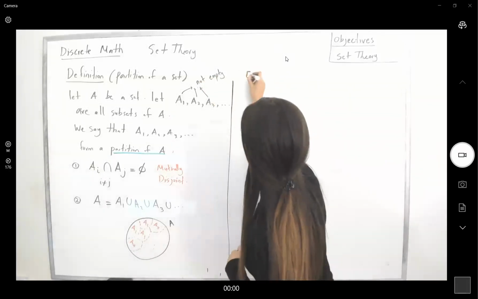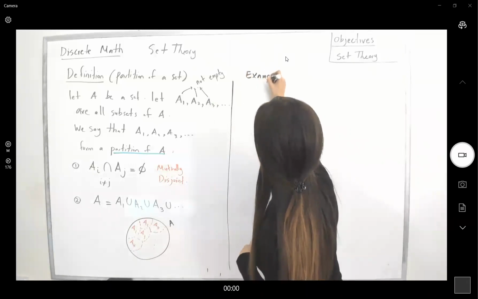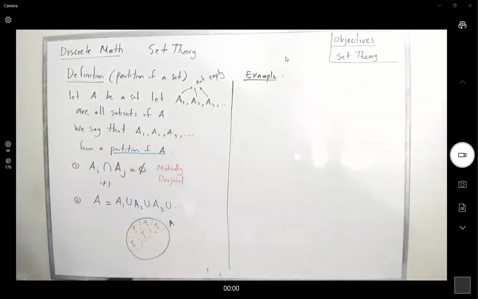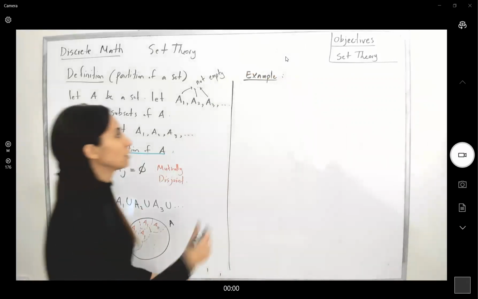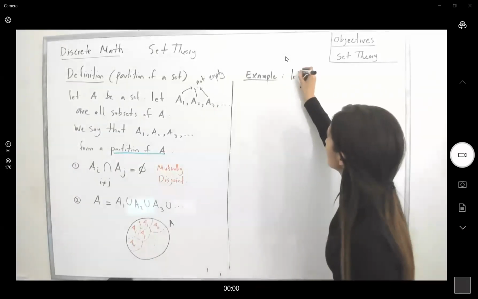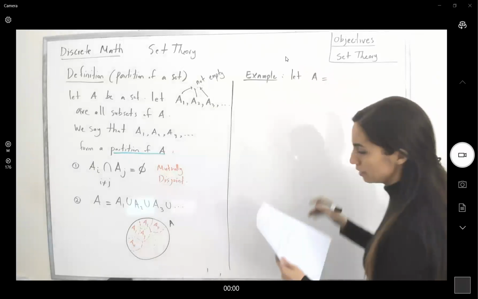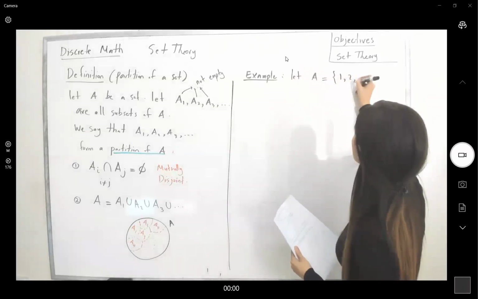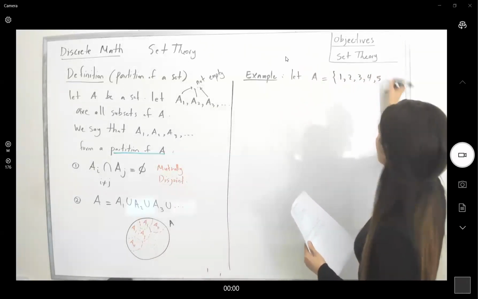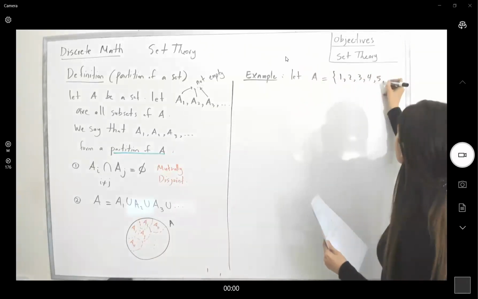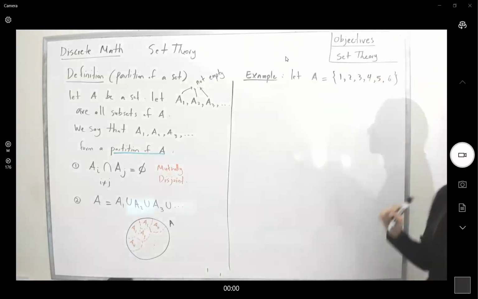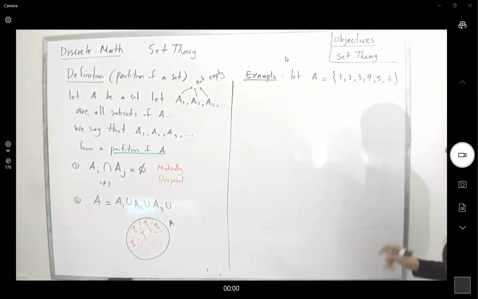Let's take a look at one example. This example tells us, suppose you have a set like A. This set is defined as 1, 2, 3, 4, 5, and 6. So the cardinality of this set is equal to 6.